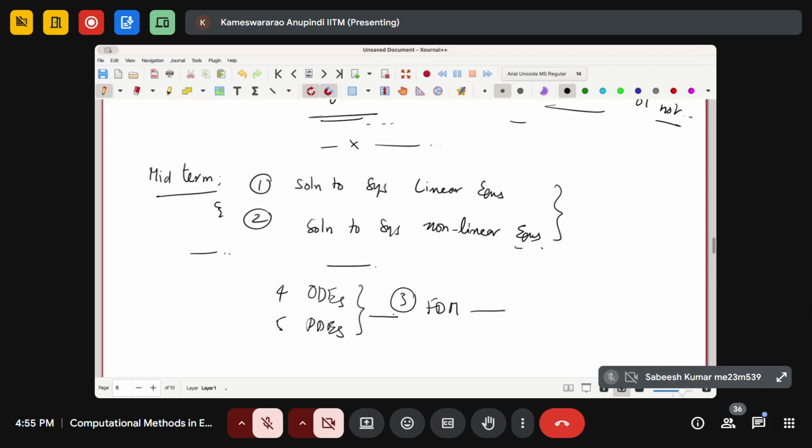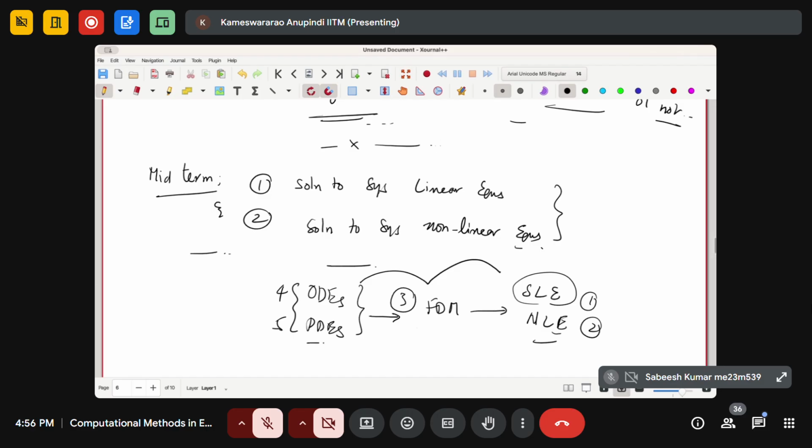Now the syllabus is actually forwards, but the application is backwards. Because the solution of ODEs and PDEs using finite difference method will lead to system of linear equations and system of nonlinear equations. Understood, sir. So we learned this first, next this one, then we're going to 3, then we're going to 4 and 5.